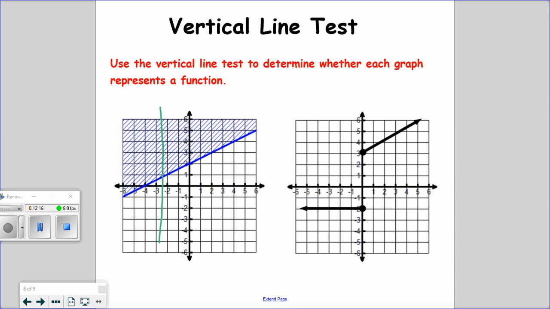well, first of all, let's rewind. Before I draw that vertical line in there, do you guys remember what type of expression gives me something with shading? An inequality. Am I hitting my inequality at more than one point if I draw a vertical line? Yes, I am actually.